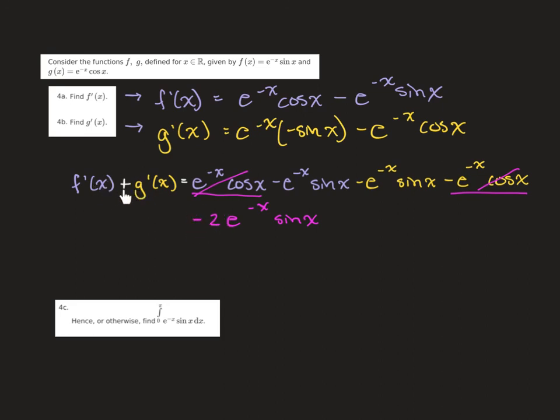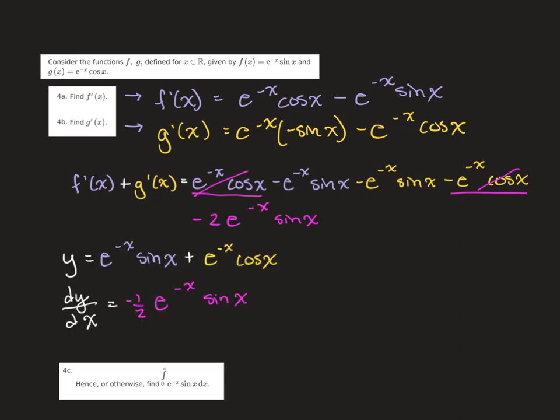Like if we add these functions together in the original, it will give us the derivative. In other words, if this is the original function, which is f of x plus g of x, the derivative is just going to be negative 2 e to the negative x sine of x.